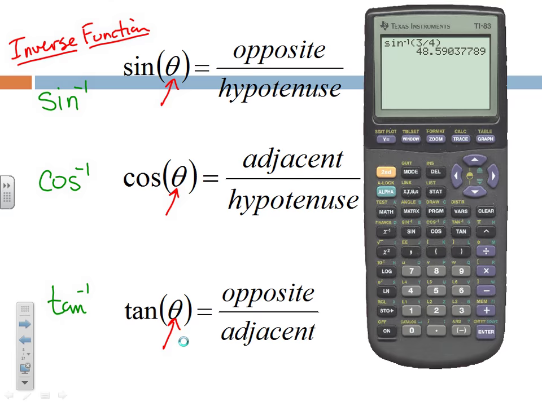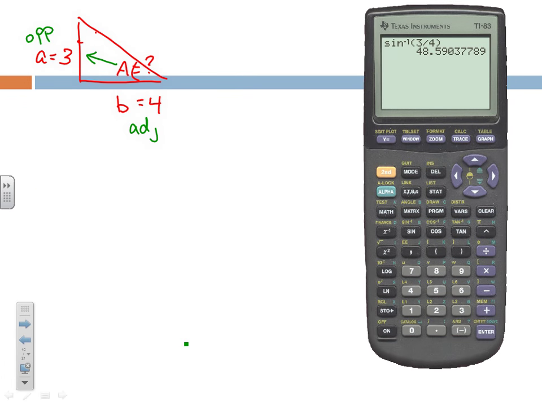That's going to be tangent. So tangent of theta is equal to opposite over adjacent. In this example, theta is angle A. That's my unknown. My opposite side is side A. My adjacent side is side B.